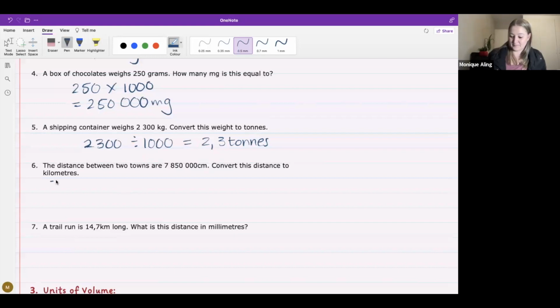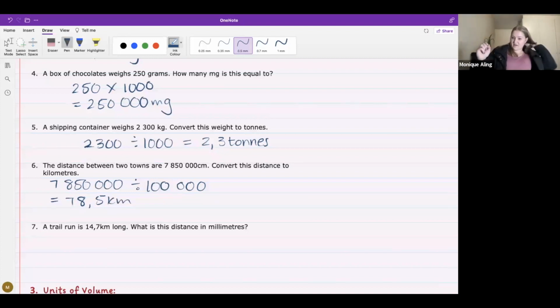I said 7,850,000 divided by 100,000, which equals 78.5 kilometers. Fantastic. Well done. That's impressive. We tend to forget this conversion, and this is a very common conversion when it comes to map work, going between centimeters and kilometers.